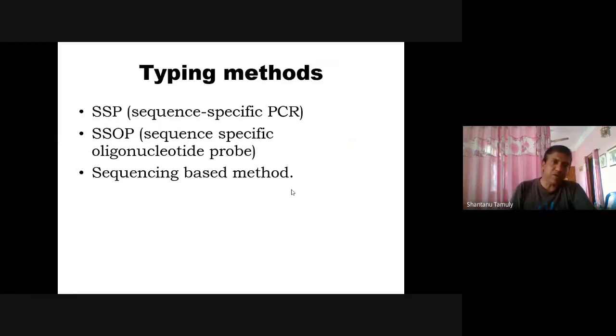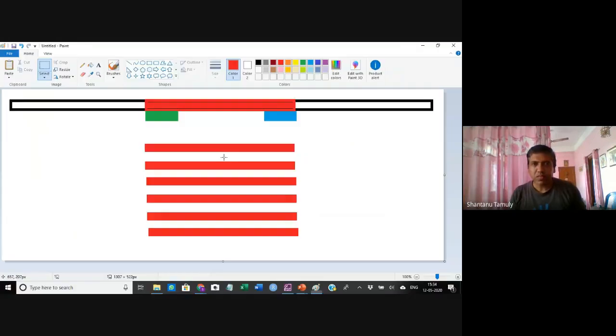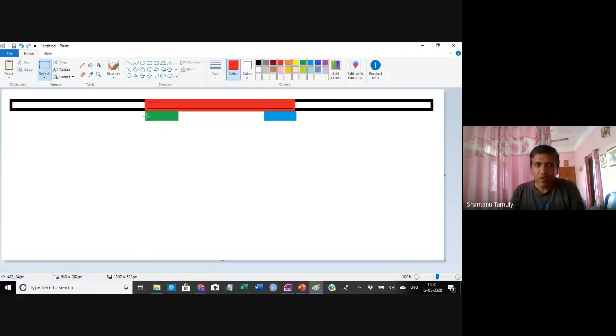Then the second one is the SSOP, sequence specific oligonucleotide probe. So in this case, what happens? Here, we don't use the primer specific for this particular part of the DNA. This red colored DNA is the highly polymorphic DNA.